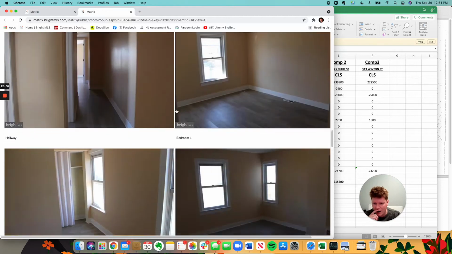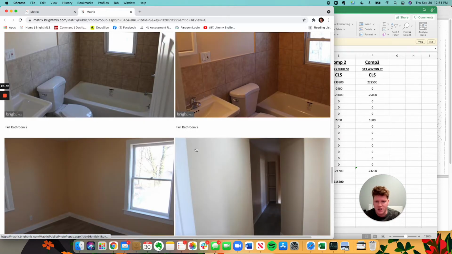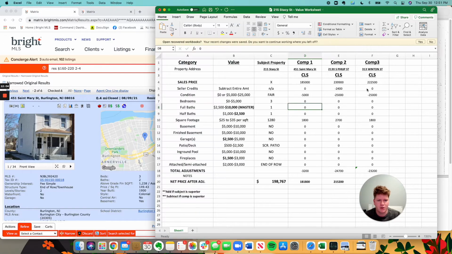So it looks like full bathroom 1 is on the first floor, which doesn't give us a lot of value. Having a full bathroom on the first floor is okay. It's nice, definitely nicer than just having a half bath there. It's common in older homes. I have a full bath on my first floor, but it's not worth as much money as if you had it on the second floor. Nobody wants to run up the steps in their towel after showering to get changed on the second floor.